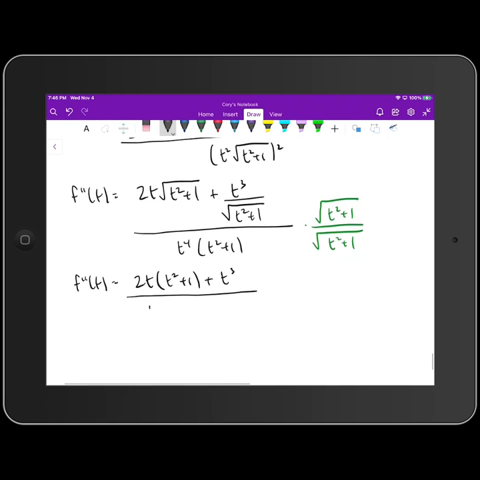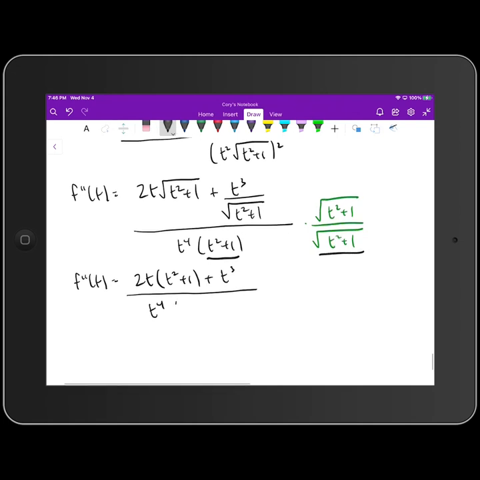And then my denominator is going to be t to the 4th power, and then t squared plus 1 times t squared plus 1 to the 1/2 power is going to make t squared plus 1 raised to the 3/2 power.